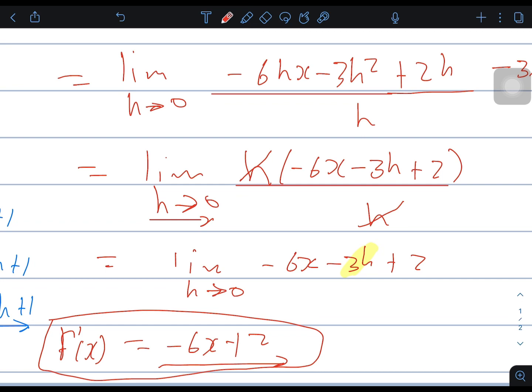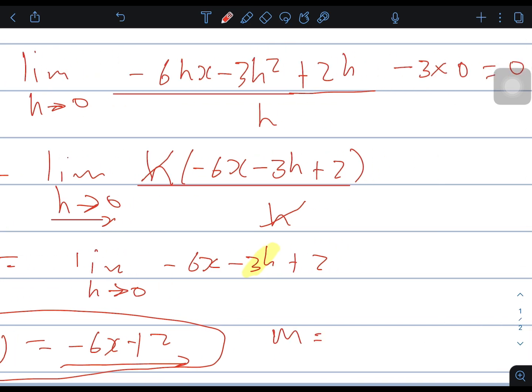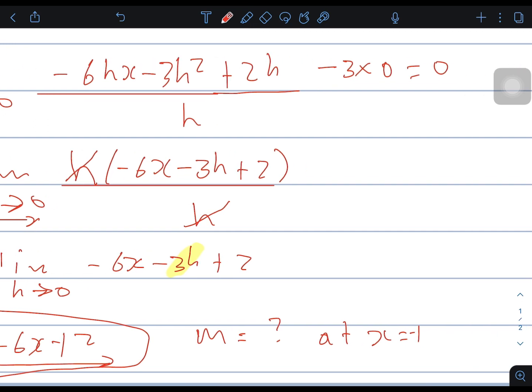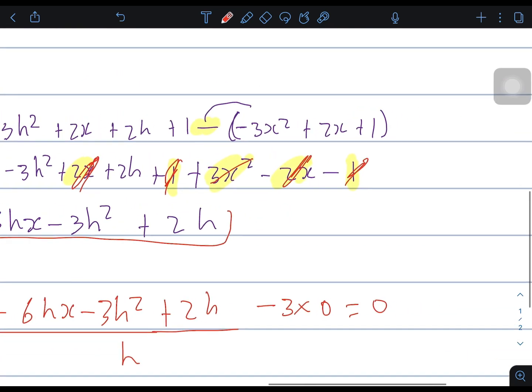Then the question says, let us find what? The gradient. The gradient of this curve at x equals negative 1. At x equals negative 1. But why are they saying at?